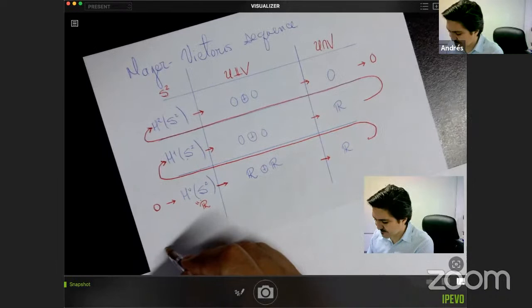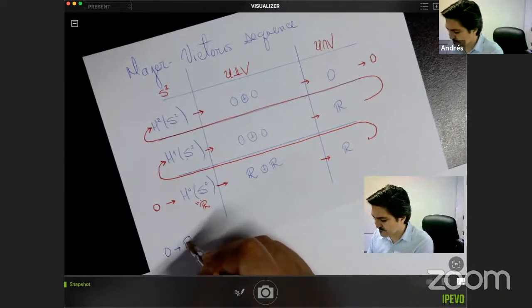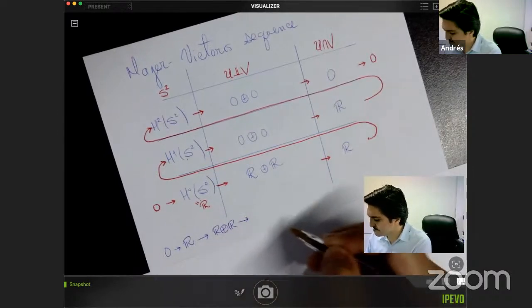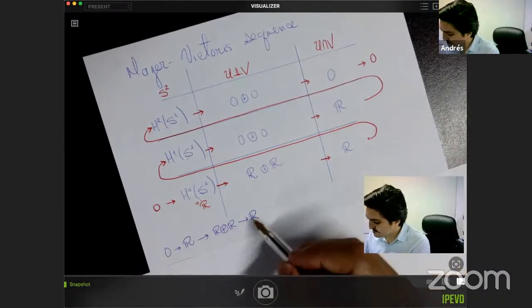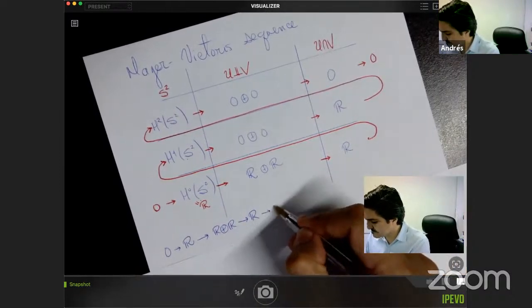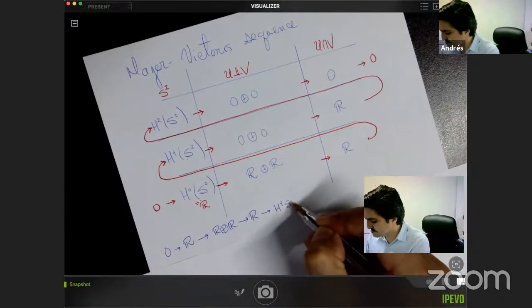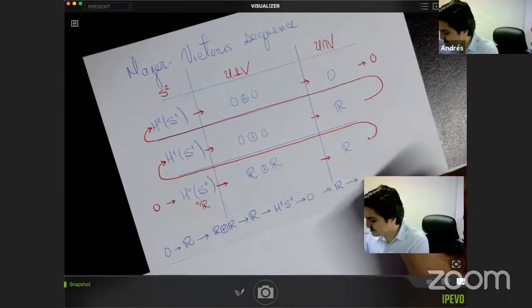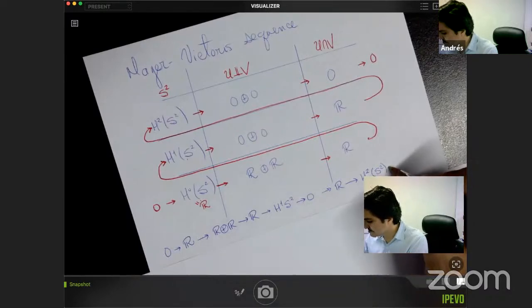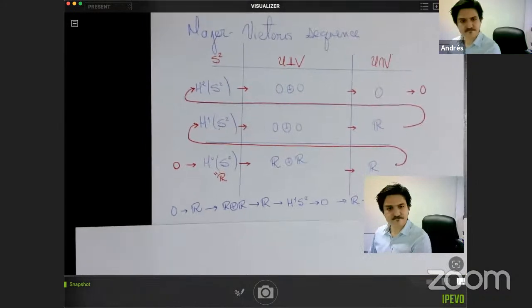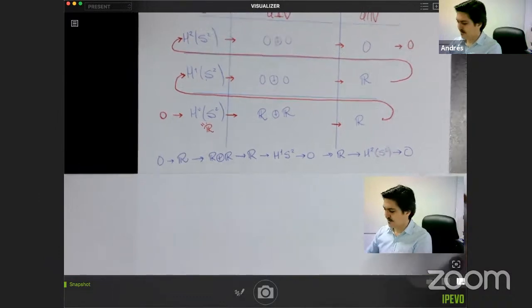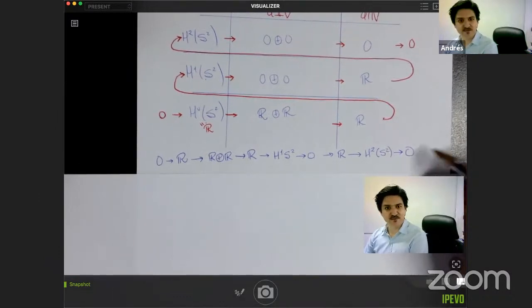So we have 0, R, and here, and then if you unwind all of it, you only have this exact sequence.